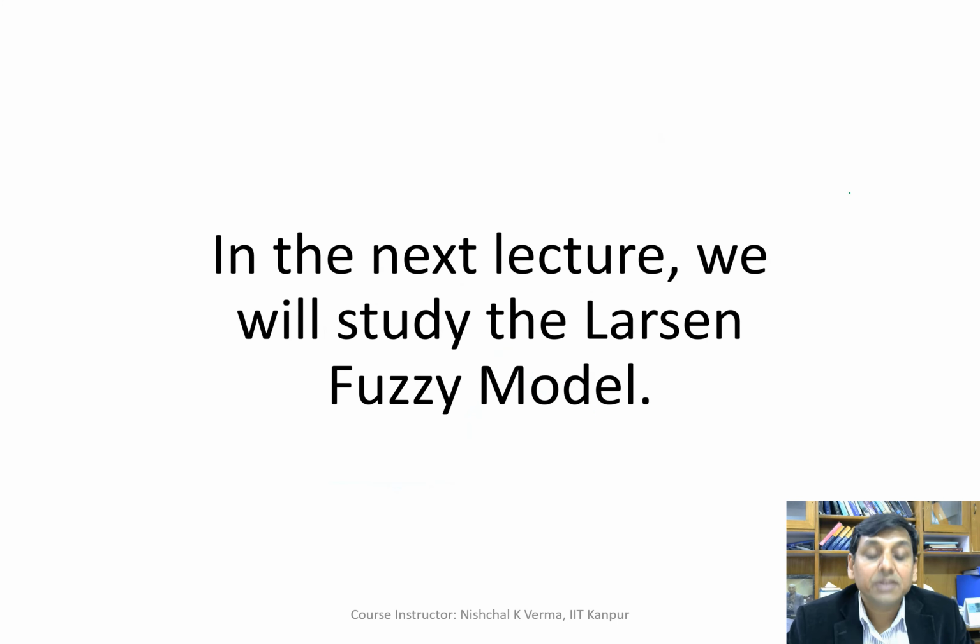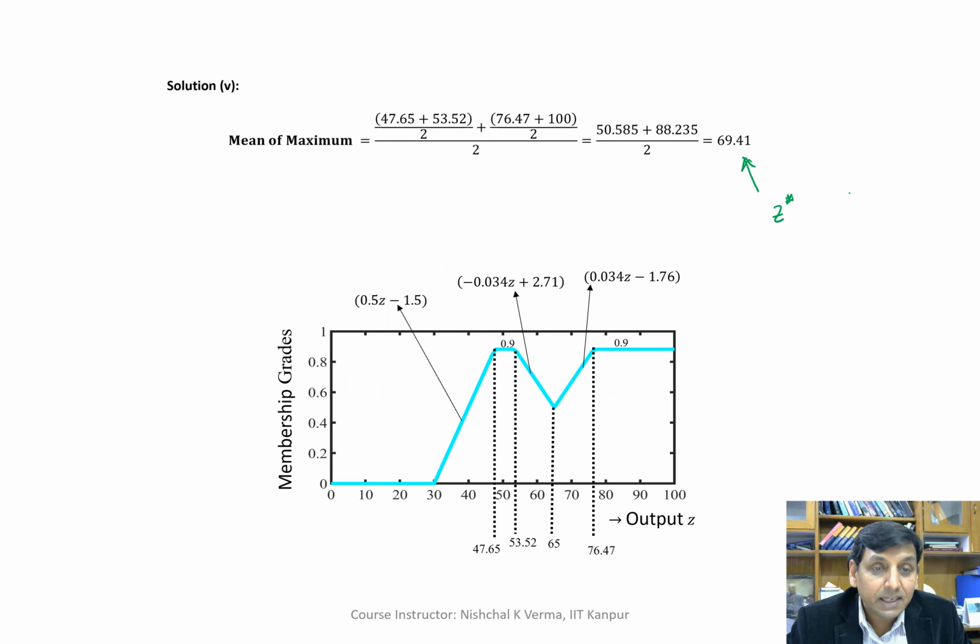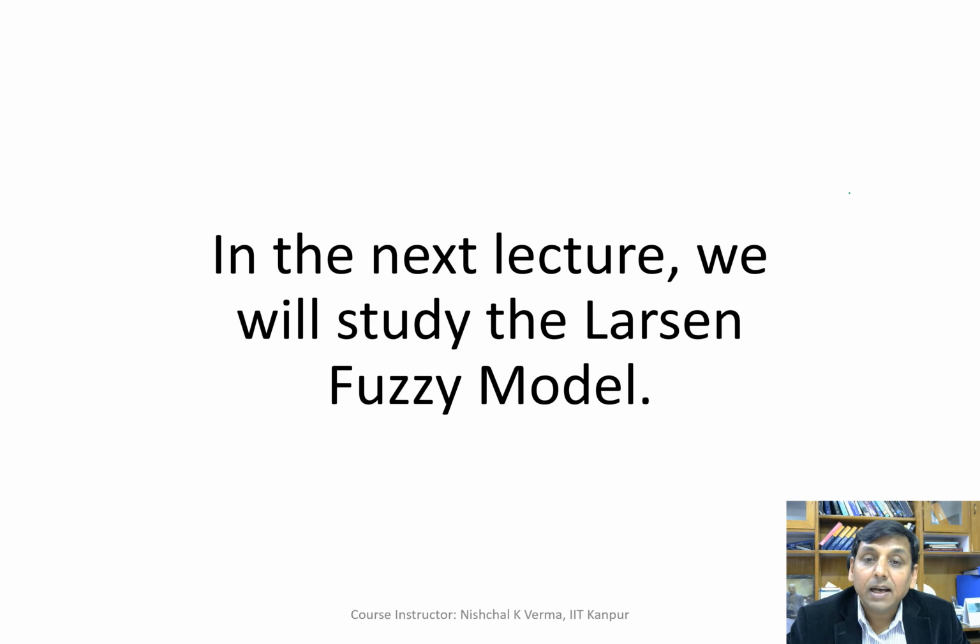So this way we see that the outputs we are getting are the values from the various methods of defuzzification, and that's how we obtain these crisp values. With this I would like to stop here, and in the next lecture we'll discuss the Larson fuzzy model. Thank you.